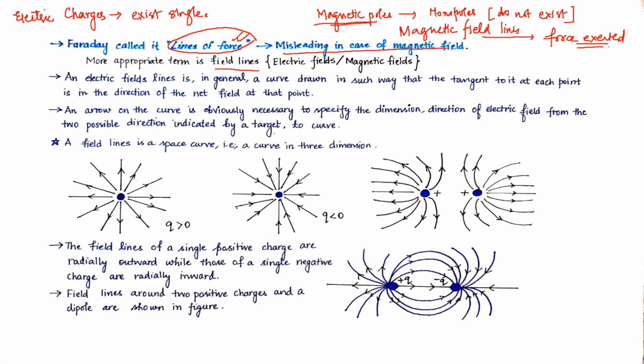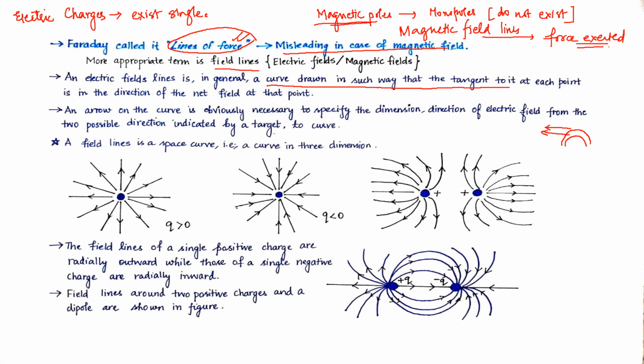An electric field line in general is a curve drawn in such a way that the tangent to it at each point is in the direction of the net field at that point. These are curves. These are not straight lines as we have predefined. These straight lines which we are defining are the tangents to these curved electric field lines.